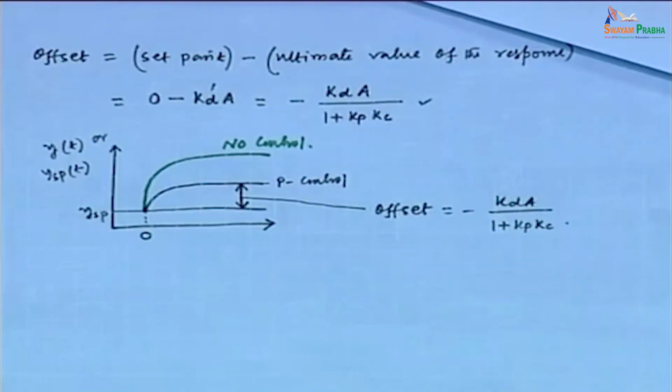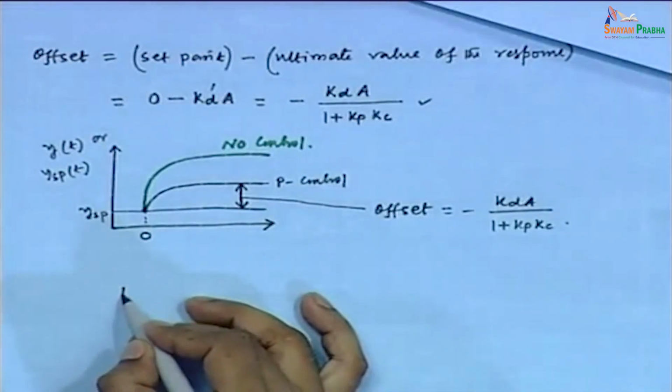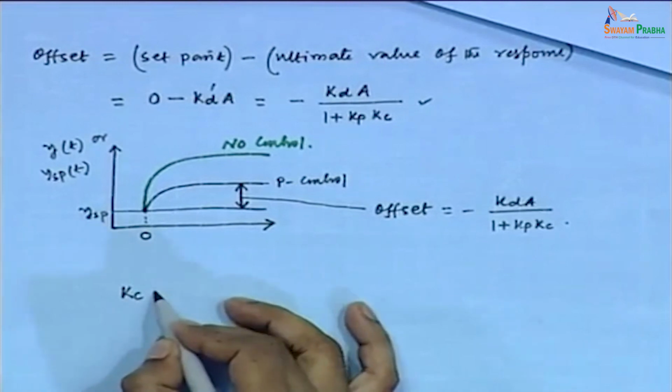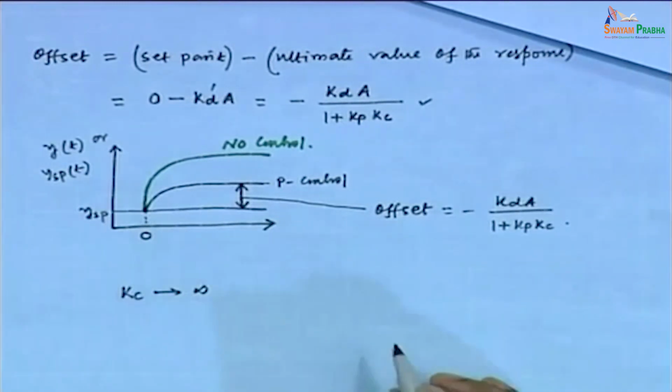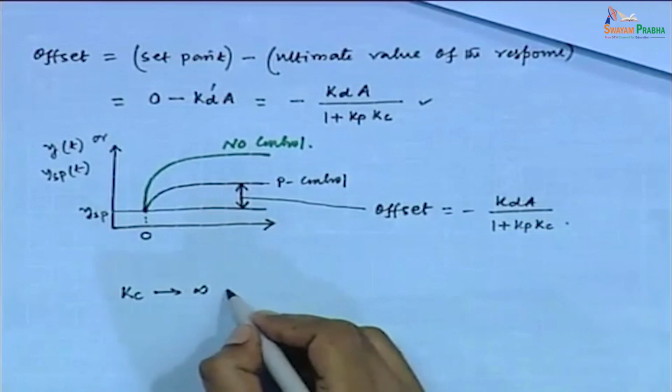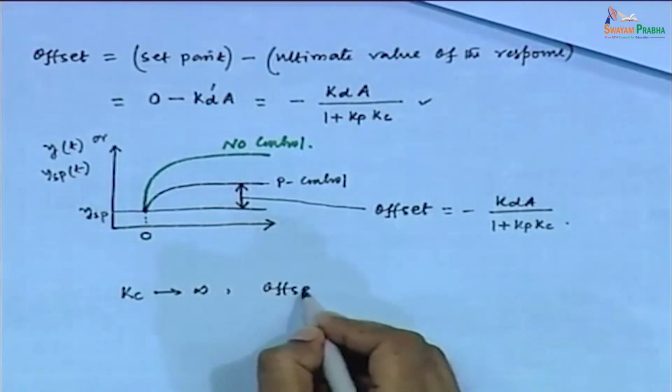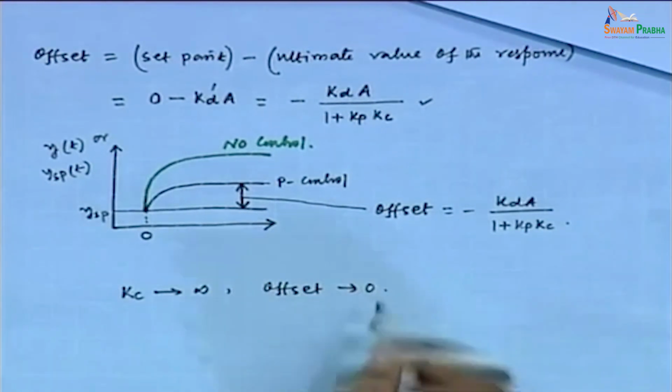Now, if you see the expression of offset, again we can say that when k c approaches infinity, the offset approaches 0.